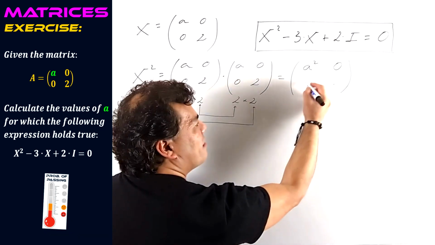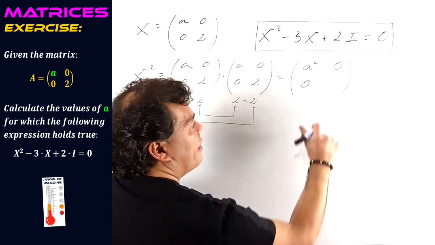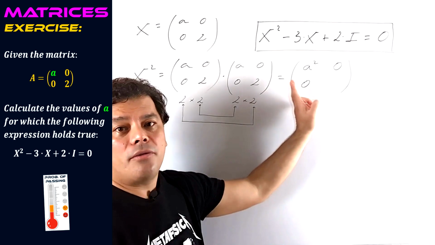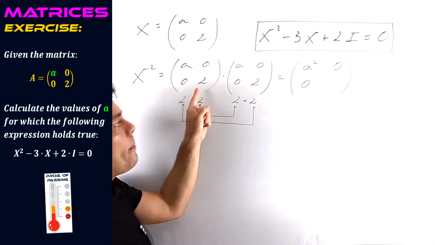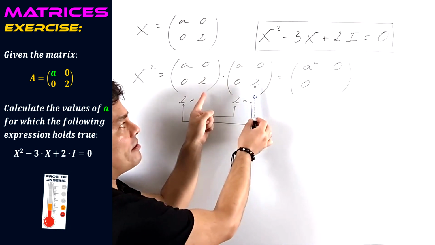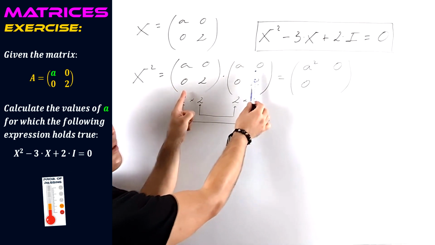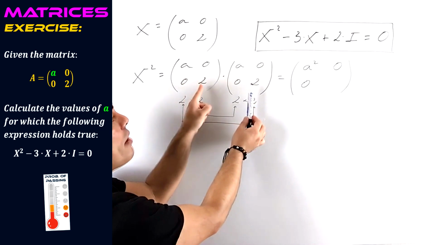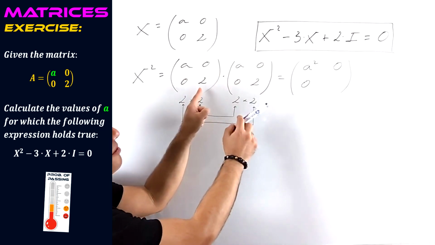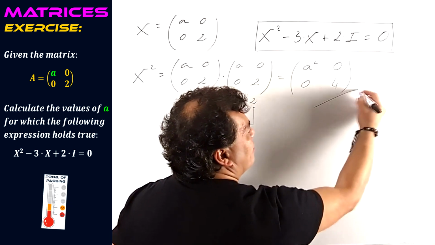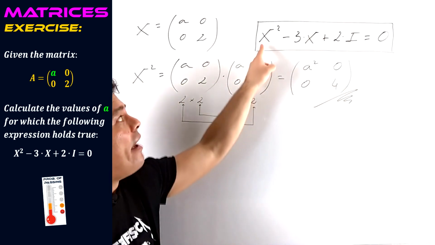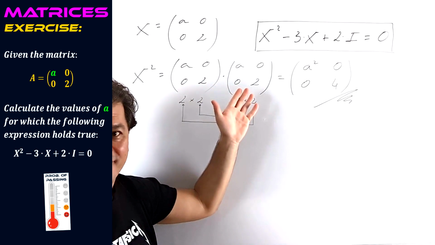That is 0 again. Finally, position row 2, column 2, that is, row 2 of the first matrix and column 2 of the second matrix. 0 times 0, 0, plus 2 times 2, 4. So the result is this matrix. This is X squared, right?